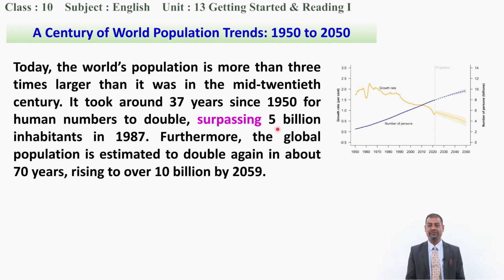Now, here you can find 5 billion in 1987. Now, it is a kind of estimation by 2059. So, it would be double within 70 years. And what would be the number of population in the world? Yes, again you are right. That is 10 billion. All right, have you got this information?